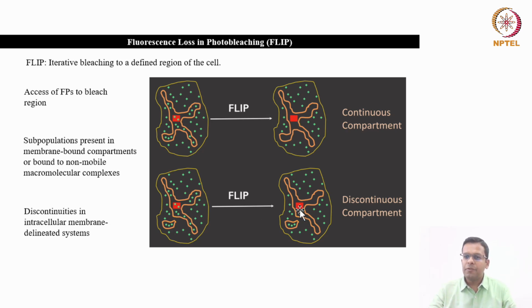Whereas here, if you do the iterative bleaching at this red spot, all the molecules in this compartment are bleached, but the fluorescent molecules in this other compartment are different. They are not getting exchanged with this compartment, and they will still give fluorescence. This is how you can differentiate between a continuous and a discontinuous compartment, by doing iterative photobleaching in one small area within the cell.